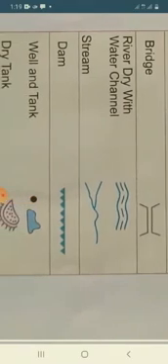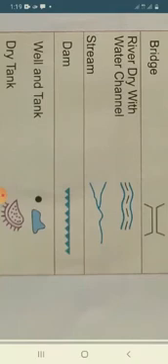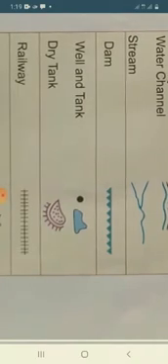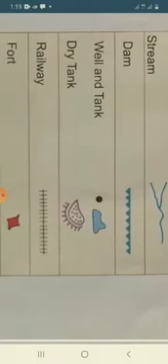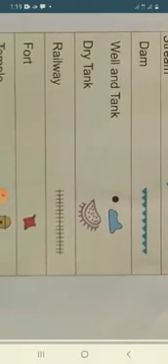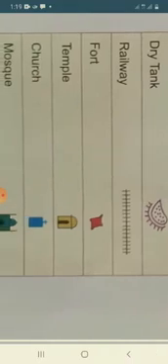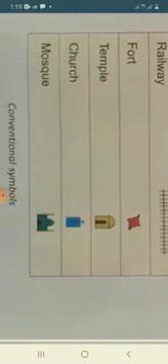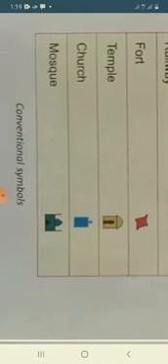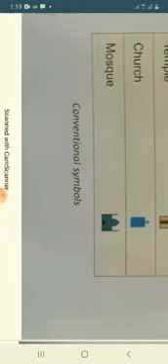And next one, river, dry with water channel and stream. And next symbol, dam. And now 2 symbols are there. One is well and tank, another symbol, dry tank. Now, symbol of railways, symbol of a fort, symbol of temple, symbol of church, symbol of mosque.